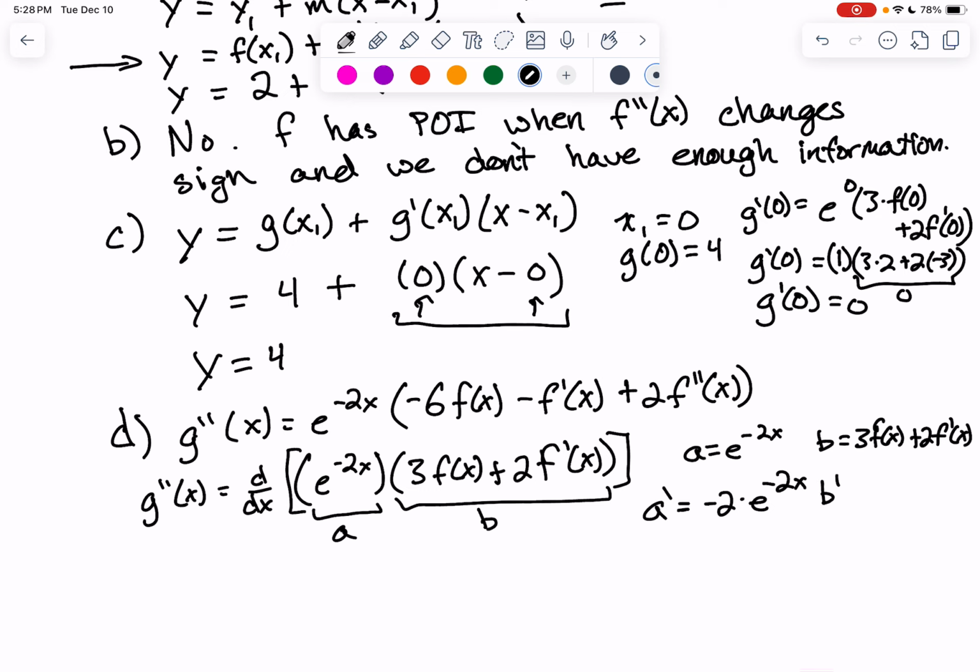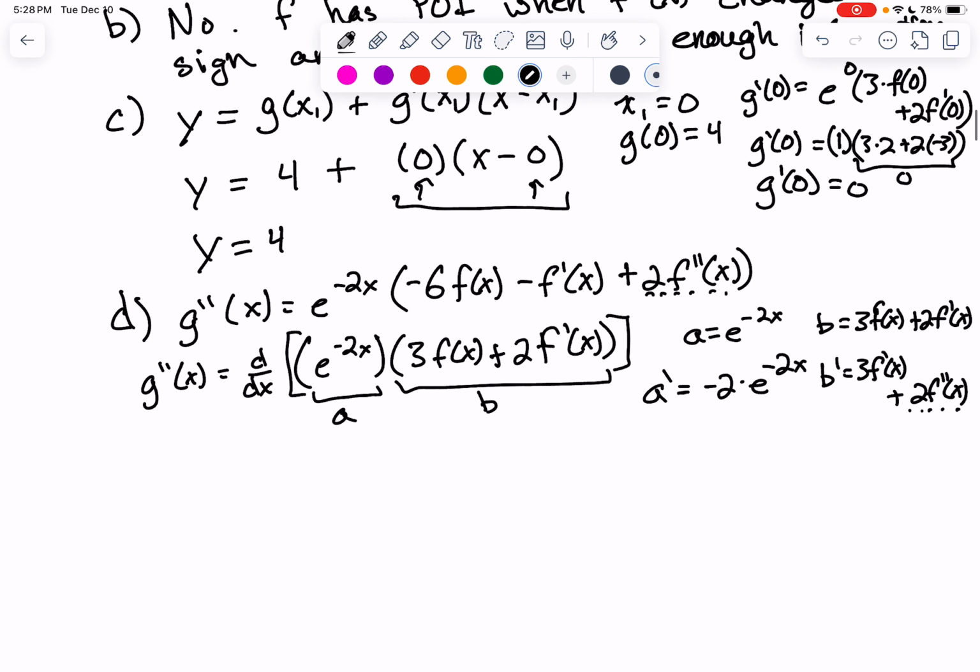So b prime is just 3f prime of x plus 2f double prime of x. Okay, now I already noticed that I have a little bit of matching going on here, which is kind of neat. So that hopefully should work itself out.